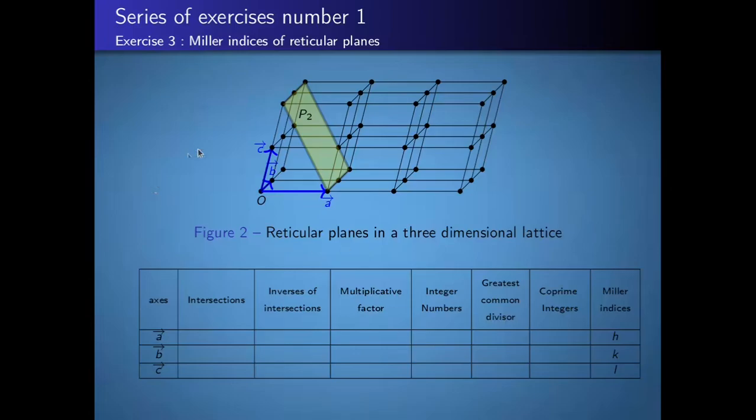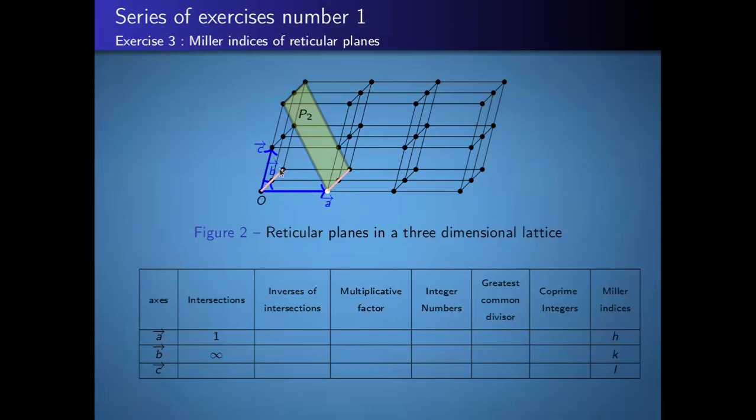Now we go to the plane P2 and we say that with the axis A we have 1A and the intersection is equal to 1. With the B axis here, the plane is parallel to this axis.